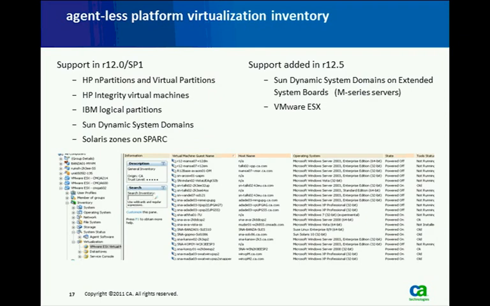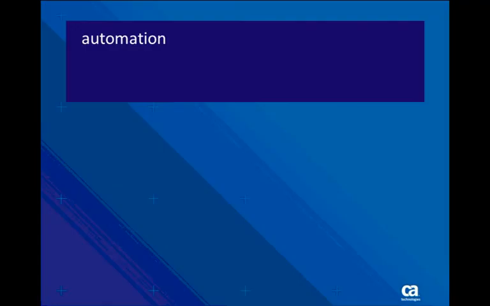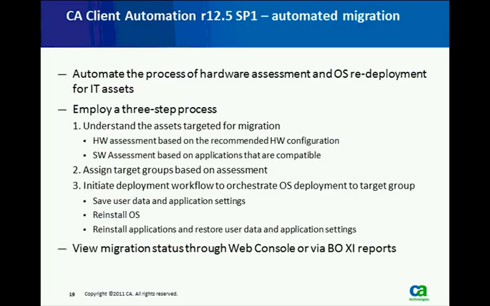So these are the platforms that we've added agentless platform inventory on in 12.0 and SP1, and those that we added support for in 12.5. We're continually adding support as new virtualization platforms come out. RVI is going to be, of course, part of that certification to support those systems.